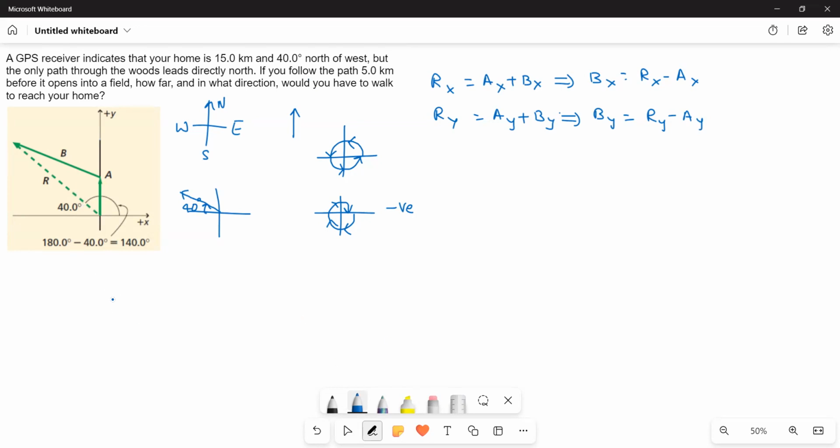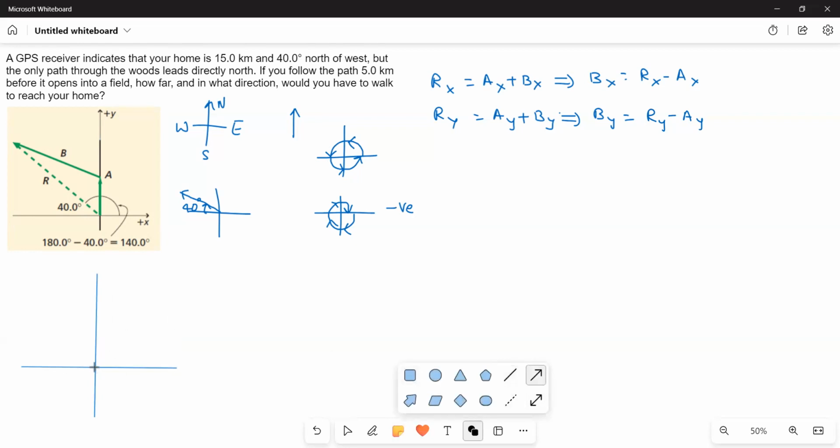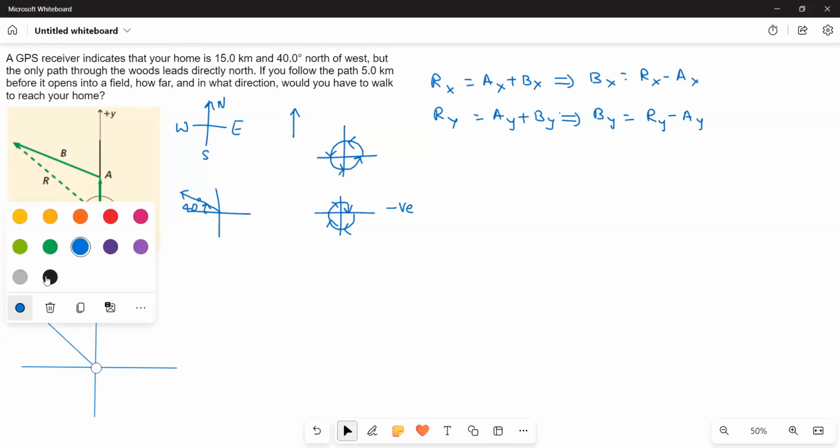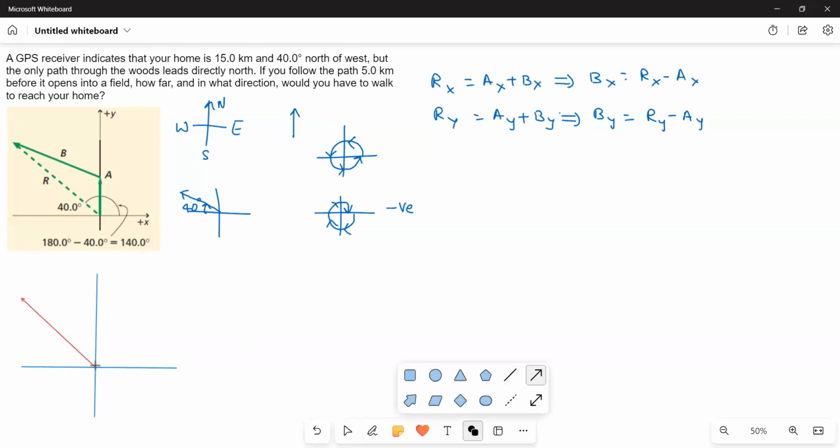To resolve R into components, let us draw the line. I will use a proper diagram. Like this, and like this, and you have the other lines. This is how the resultant is. So we have to resolve the x component and y component.